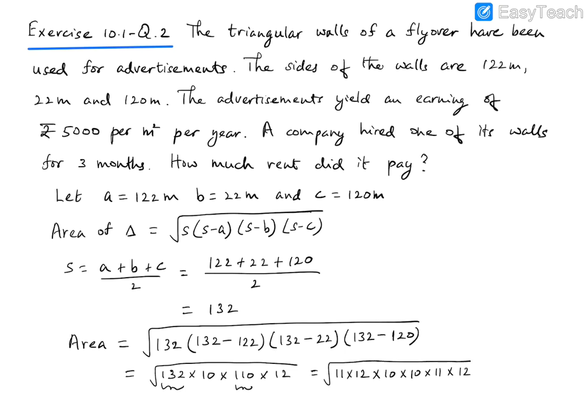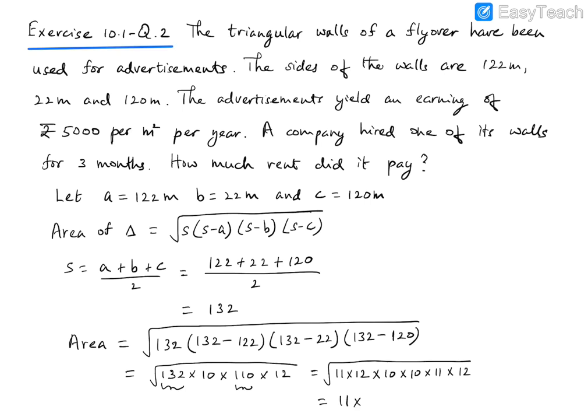So when we have numbers under the root as products, anything that appears twice under the root, we can take it outside once and get it outside the root, right? So we have 11 appearing 2 times, 10 appearing 2 times, and similarly 12 appearing 2 times under the root. So we can take them all outside the root and replace them with a single repetition. So there are 2 11s, so we'll take them outside the root, it becomes 1 11.